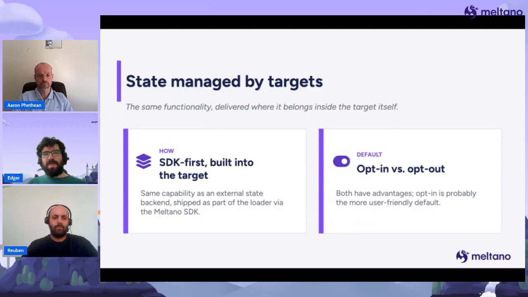Now, how we would roll this out is that this would probably be a feature of our Singer SDK. It would be a new capability, a new CLI flag, if you're familiar with those, for targets. Then we'll roll out to some of our targets, probably starting with Postgres, Snowflake, and BigQuery.